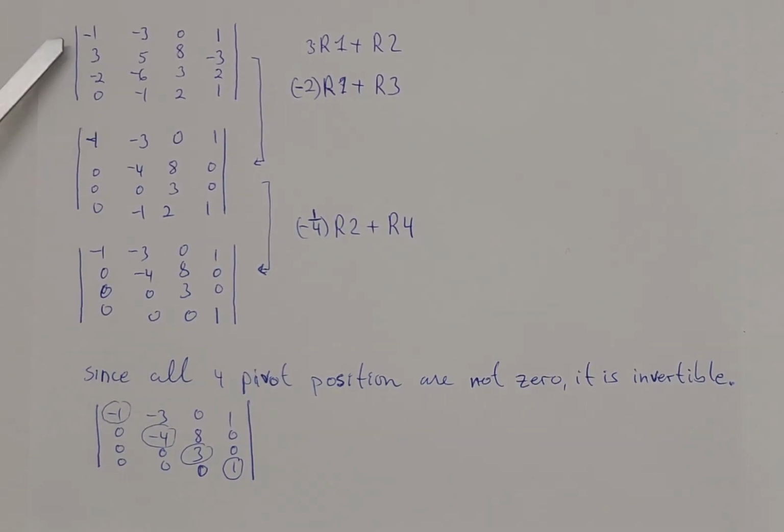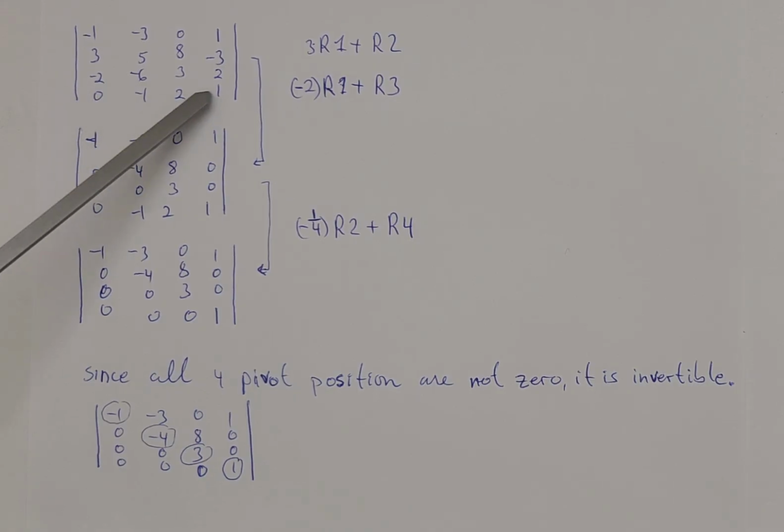Since we are finding the inverse of the matrix, for now, this -1 can stay. Usually, this right here should be +1, but we're just checking to see, can this be invertible? We'll just leave that -1 there. Also, if you notice, there's a 0 here, so we'll leave this row alone.